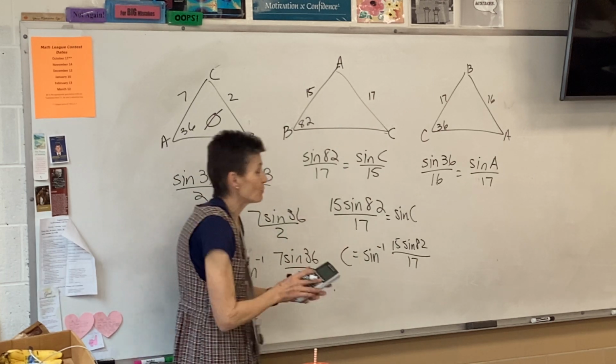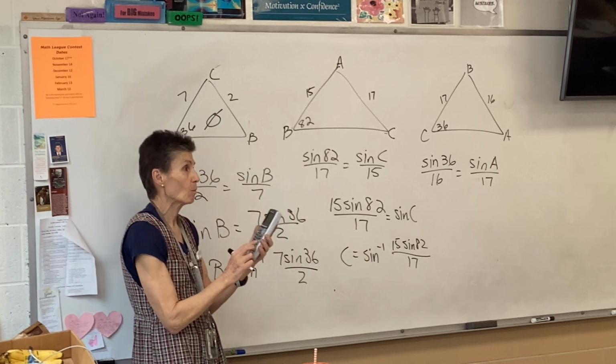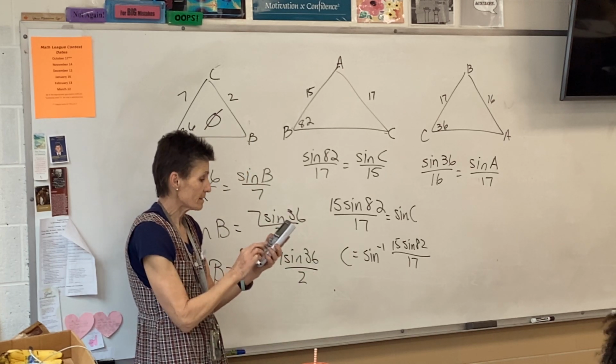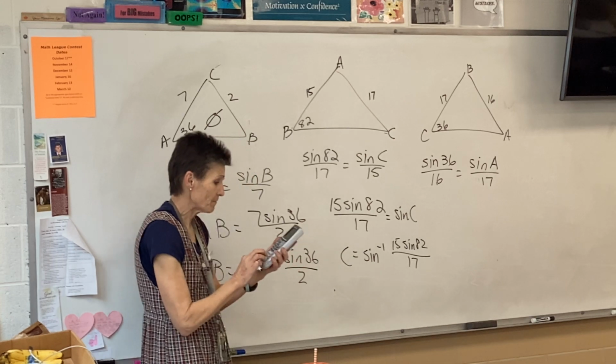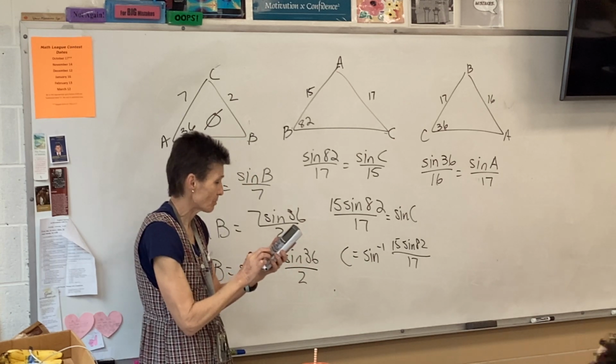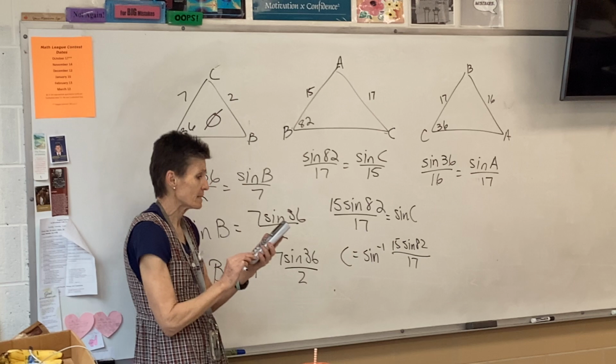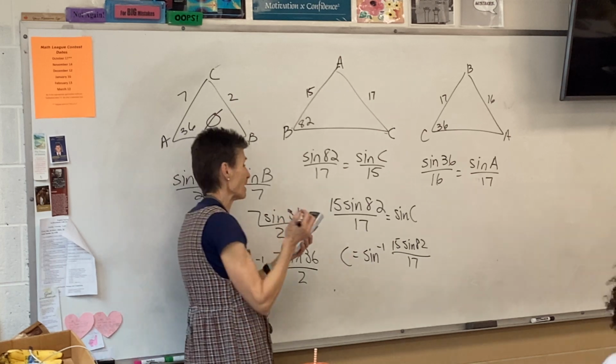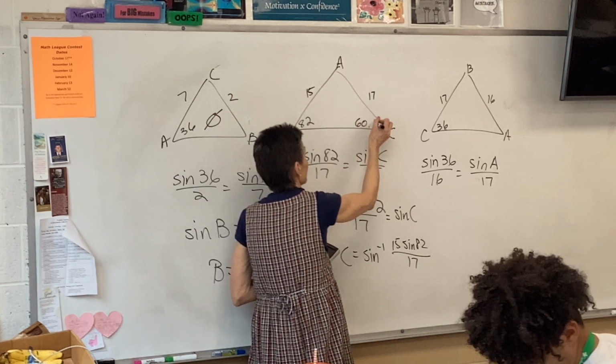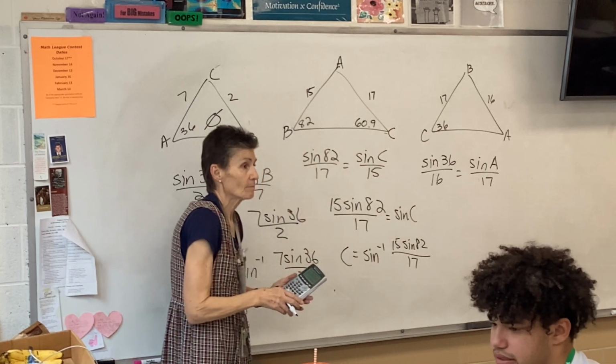All right, did you do the second one? Did you get that one? Second sine, 15 sine 82 close parentheses divided by 17. I got about 60.9. Is that what you got?